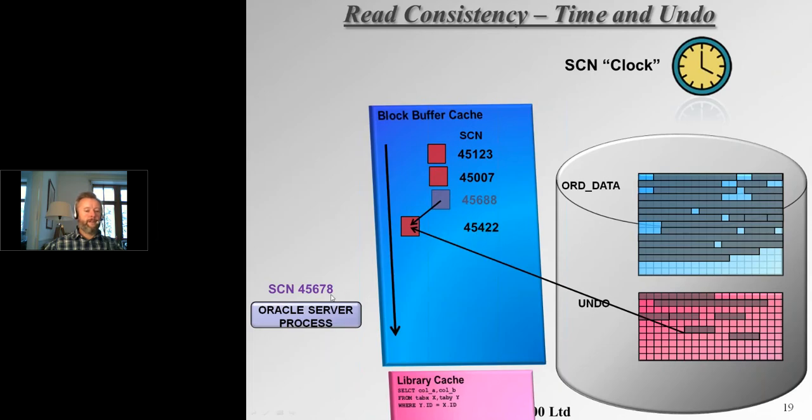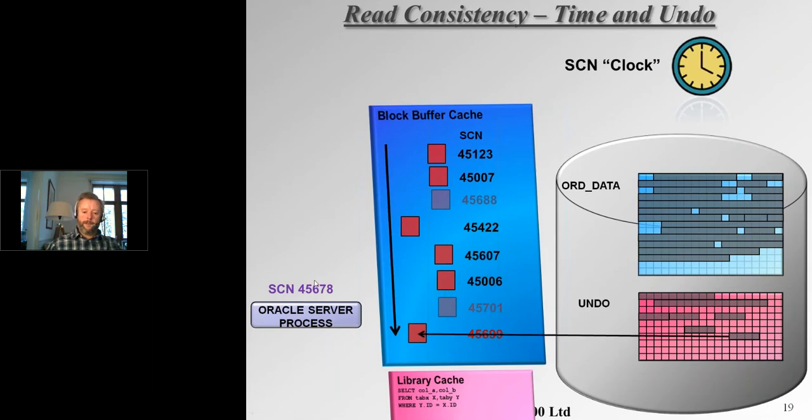It's older than when you started. It can use this data. Oracle goes to the next block. That's older. Next block. That's good and old. Next one. This one's changed. So again, Oracle copies it, applies the undo, and gets 45699. That's still more recent than when the query started.